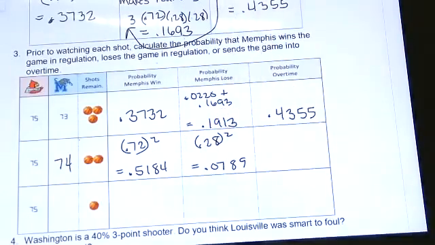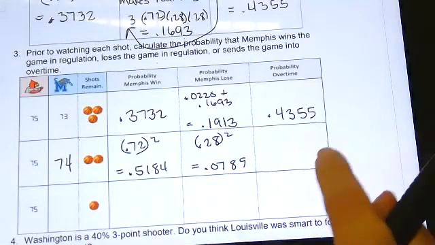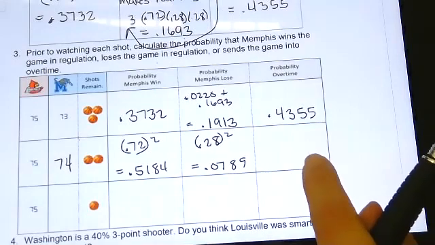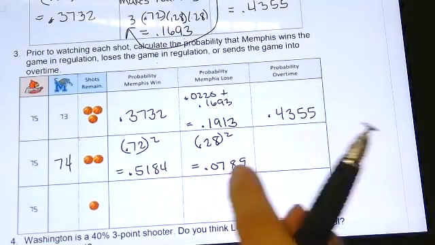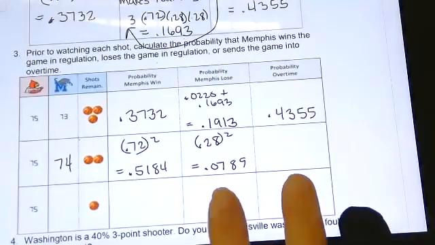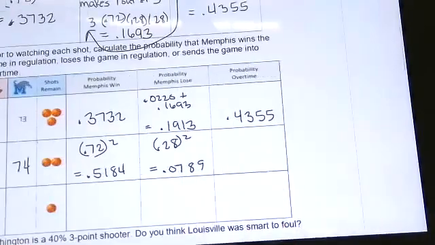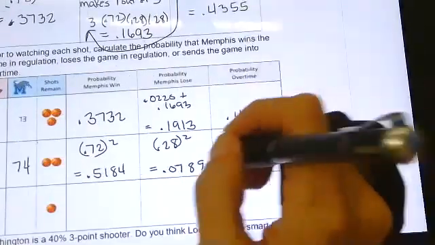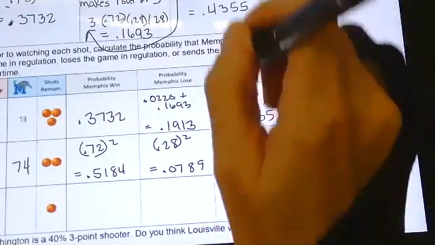So the chance of him losing the game has gone down. And then, of course, we could just subtract from 1 since that's the only possibility left. Either you win, you lose, or you tie to make it to overtime. But we do know that there's 2 ways that this can happen. He has to make 1 of the shots.